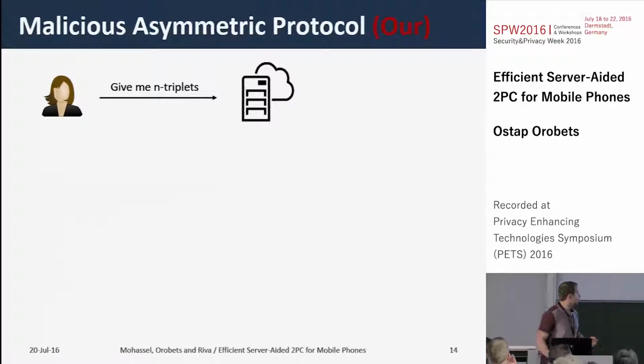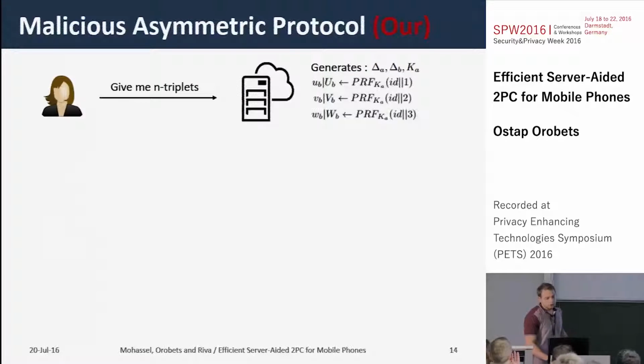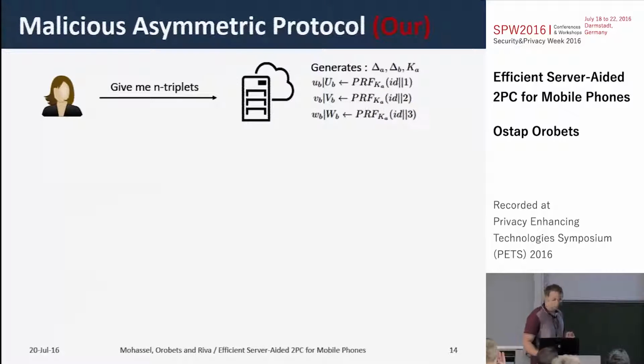So our approach is the following. Again, Alice comes to the token server and says, give me those triplets with all the bases and tags for Bob's triplets. What the server does, he generates a delta key for Alice's triplets and a delta key for Bob's triplets, and an additional key. Then it uses a PRF that generates Bob's triples and the tags on them.